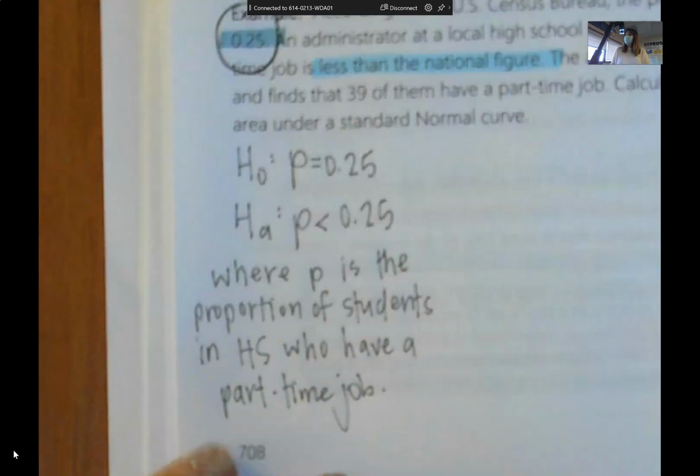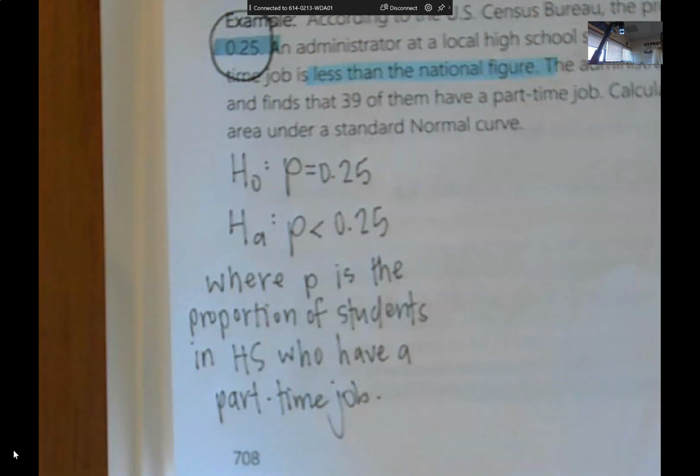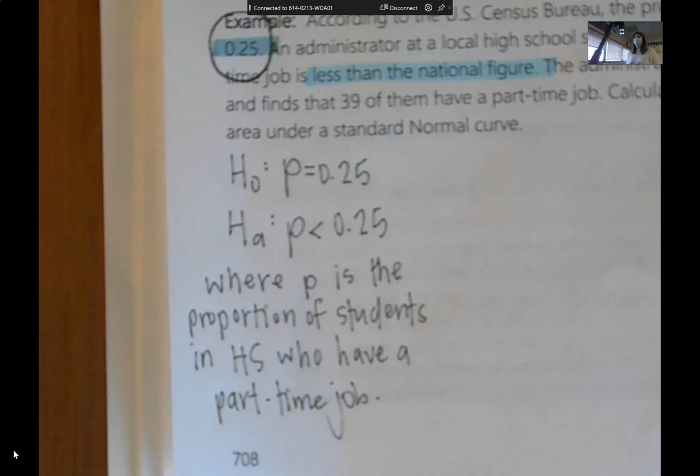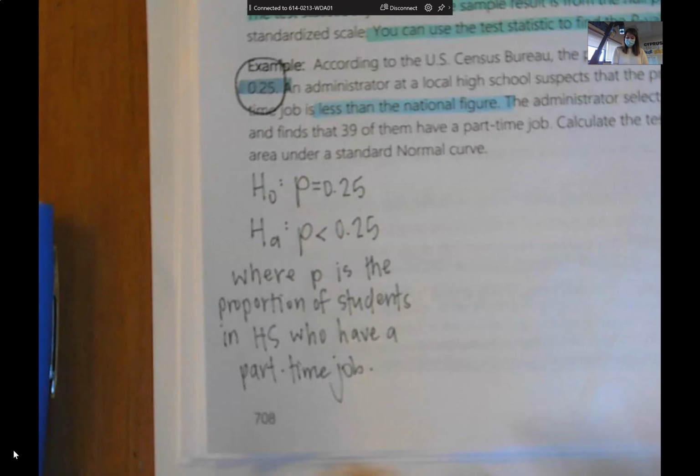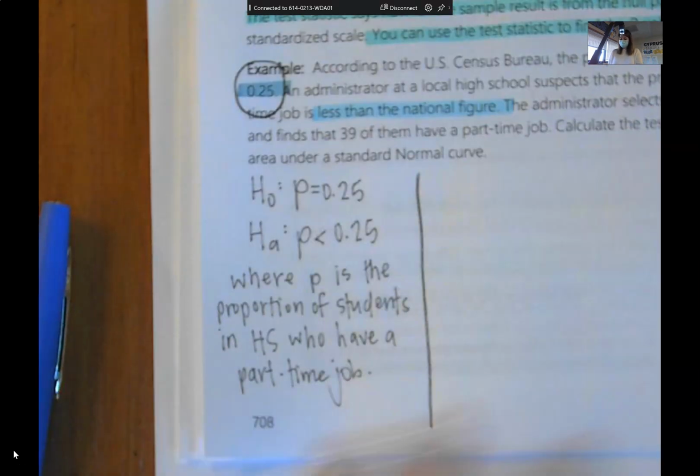So this was not required for us to do this problem. We did not have to state the null and alternative, but I think it's helpful in finding your p-value. So I wrote that out to the side so that I could do my test to the right. I could carry out and find all my test values.